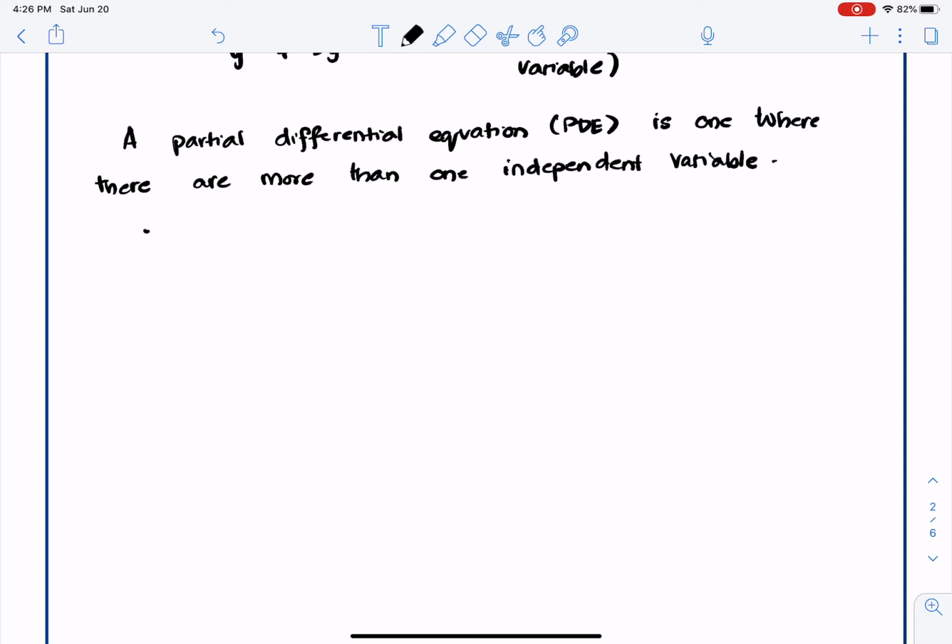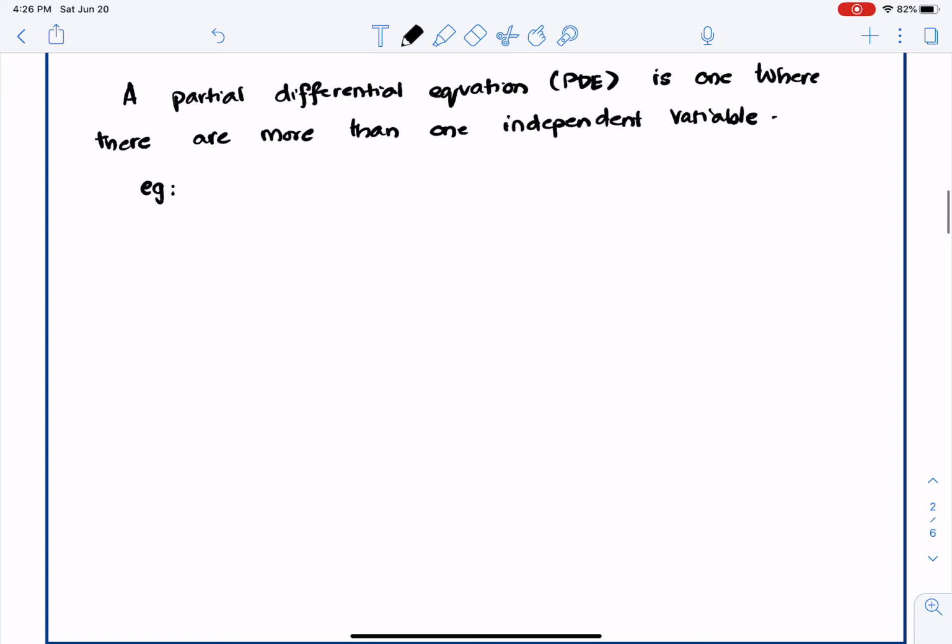So, as an example, we could have dy over dt plus dy over du equals e raised u plus t.